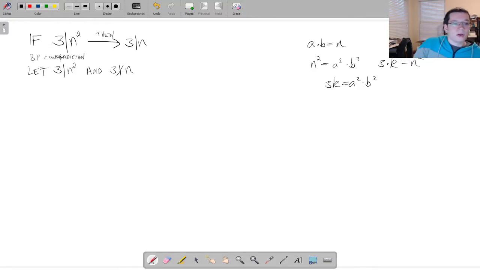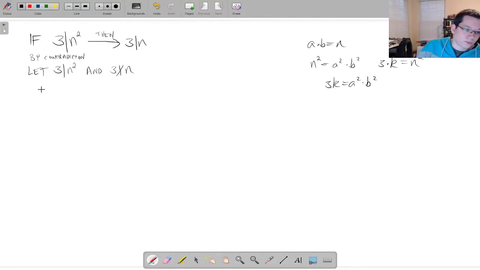So this is the statement we're trying to prove up here, but this is actually a fairly difficult statement to prove. But what we can do is say it can't be the other way. If we let 3 divide n squared and 3 not divide n, that will lead to a contradiction.